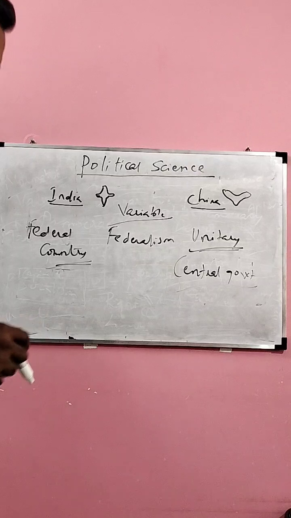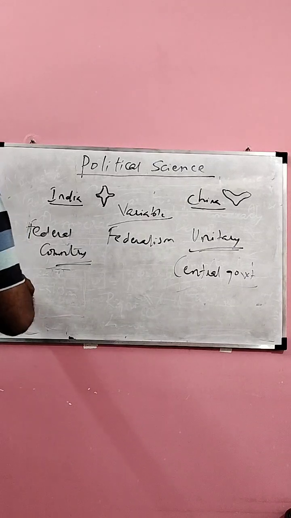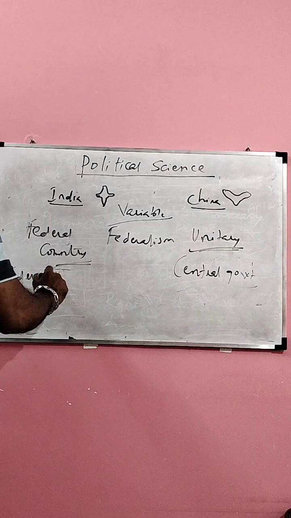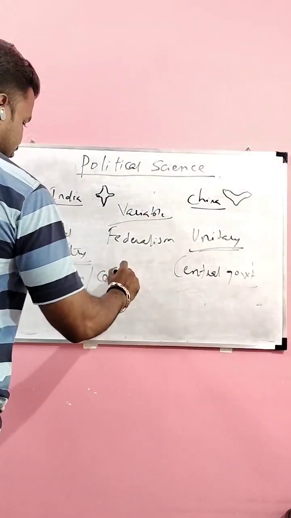China has one government at the top. It does not have governments for the provinces or the regions. In contrast, India has a government for the state as a whole. It is called federal government or union government or central government.